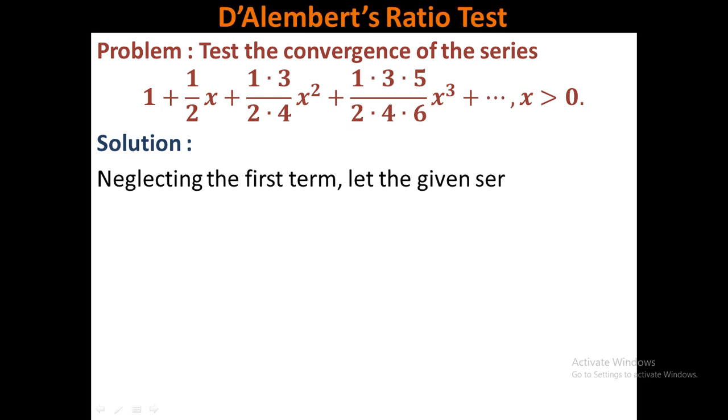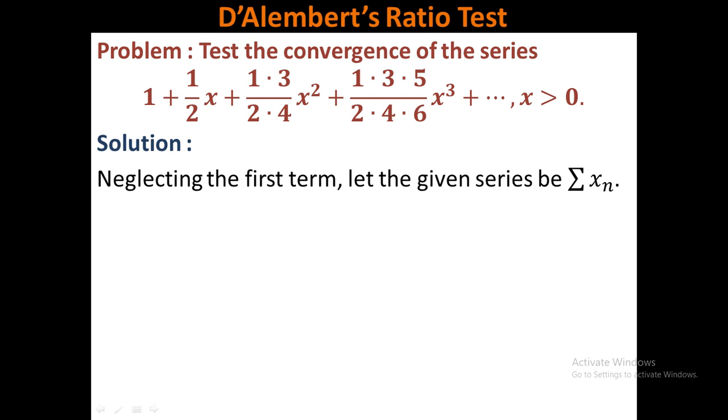Neglecting the first term, let the given series be summation xn. Actually here I neglect the first term, just remove 1 from the series. You can keep 1 also, but then the general term will be changed. If you neglect the first term or the first k terms, there is no effect on the convergence of the series.